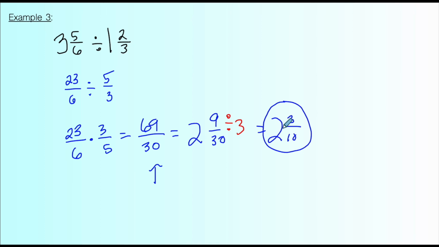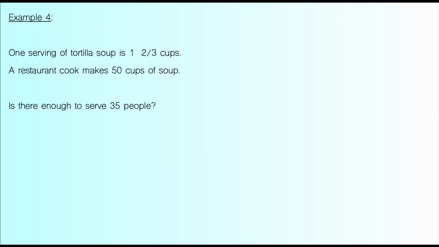And the only other thing I'm going to do today is go through one division word problem. I feel like it's important just to make sure you can see what makes a problem division. So in this question, it's saying 1 serving of tortilla soup is 1 2/3 cup.